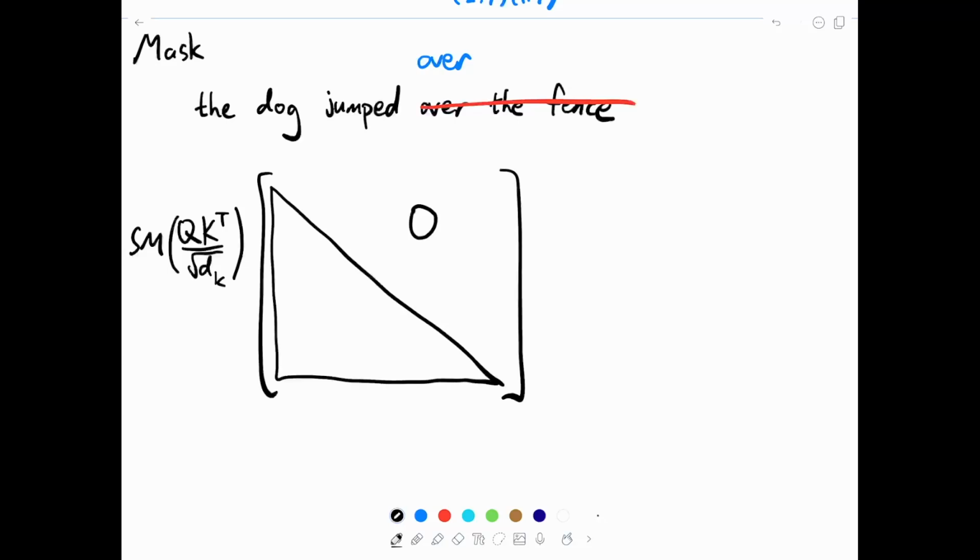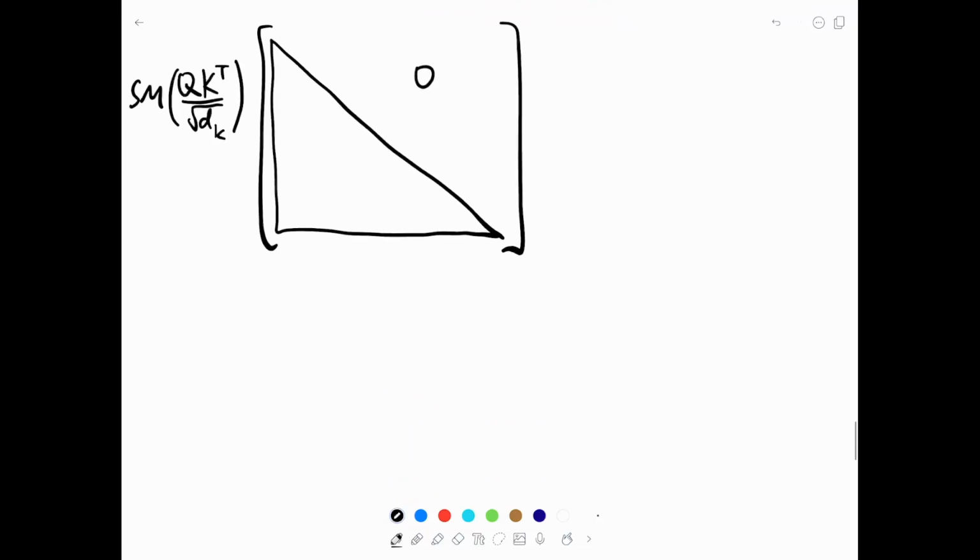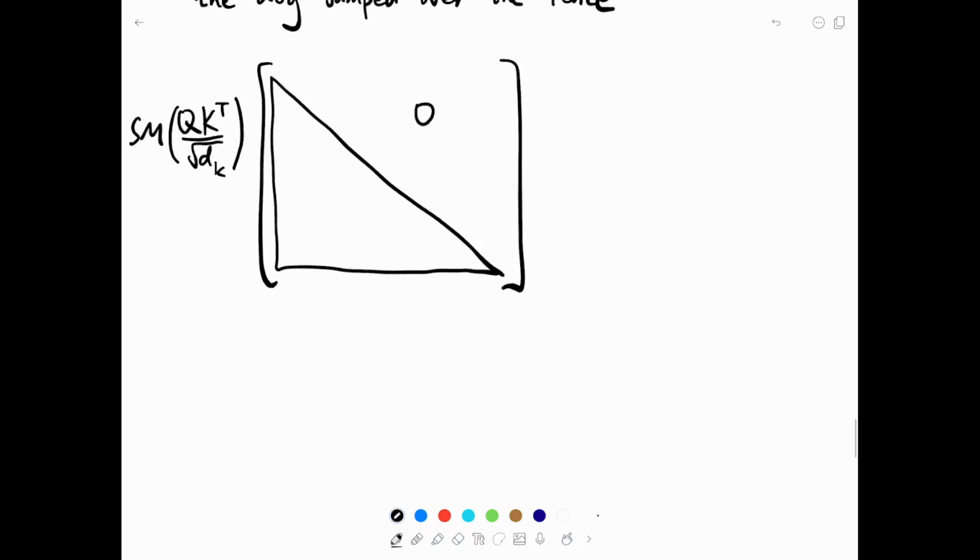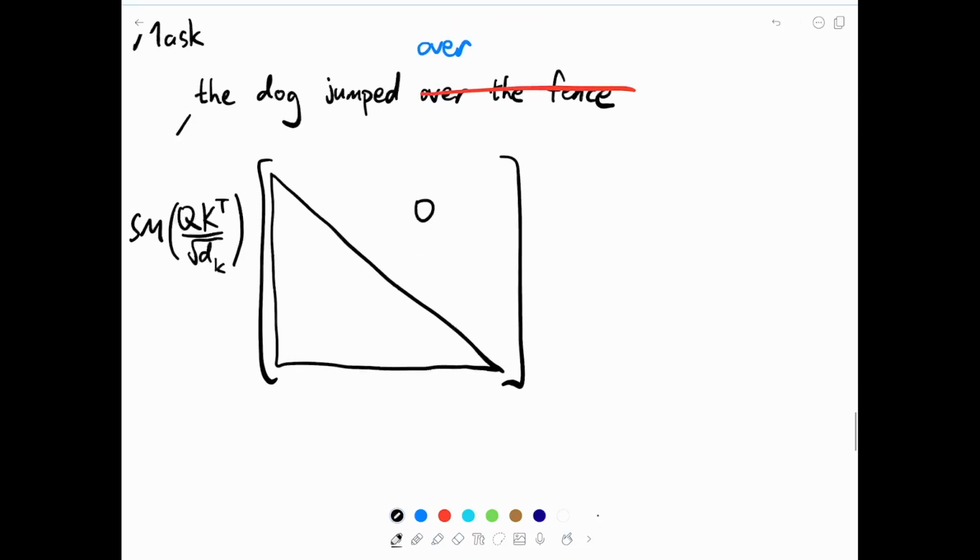So all of these elements will be preserved, and all of the elements above the diagonal will be set to 0. And you can verify mathematically that this has the effect that we want.